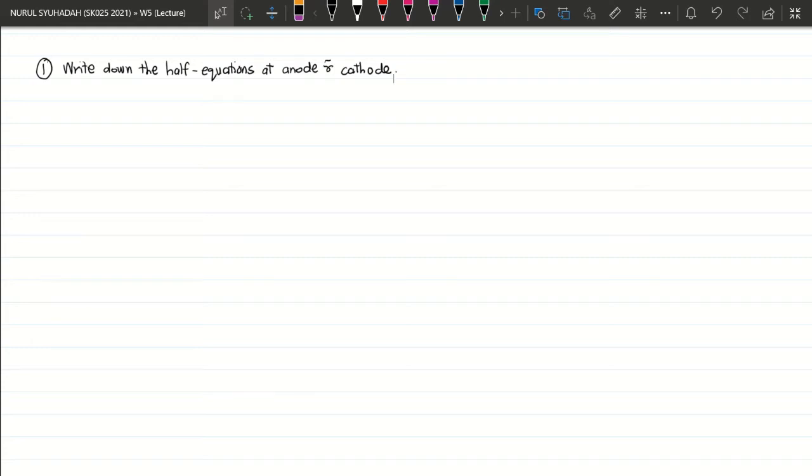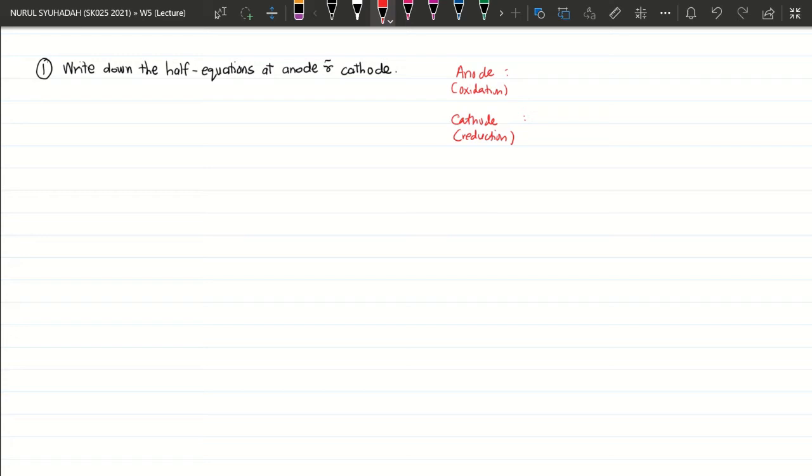If it's at the anode, the reaction will be oxidation. And if the equation is at the cathode, it's for reduction. So you must write down the equations first. How do you determine which one is anode and which one is cathode? First, how to choose anode and cathode.